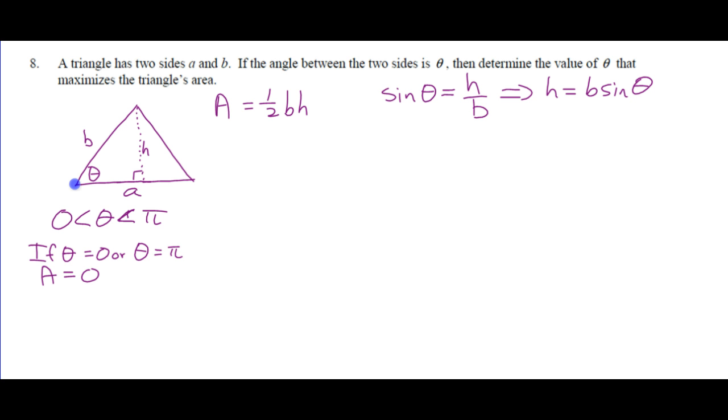Now, think about it. If we maximize the height, then we're going to maximize the area, right? Because the base is fixed. So if we get the largest height, then we maximize the area.